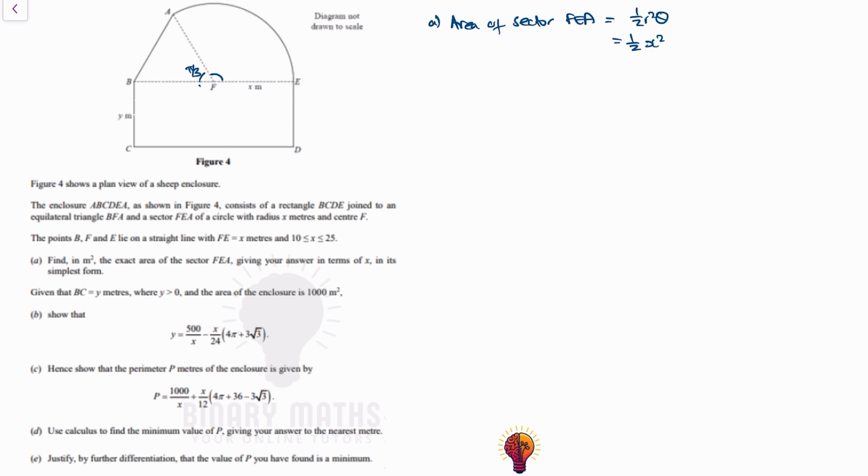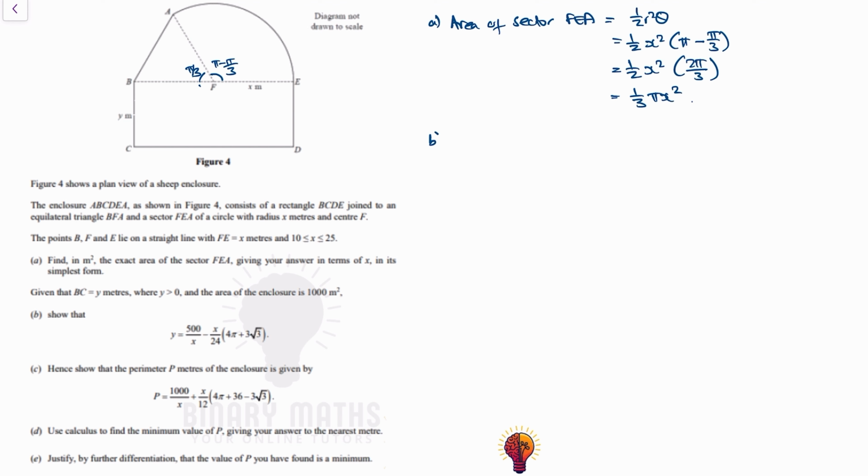The whole thing is pi, so it's pi minus pi over 3, because we want to find this, which is 2 pi over 3. So half times x squared times 2 pi over 3 gives a third x squared pi. I prefer it that way around, a third pi x squared.